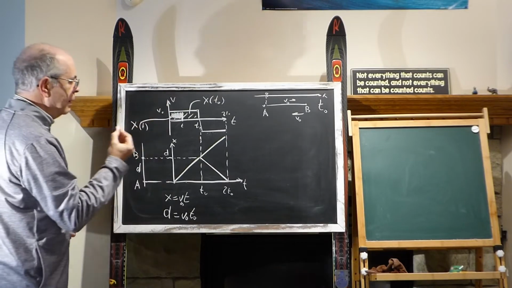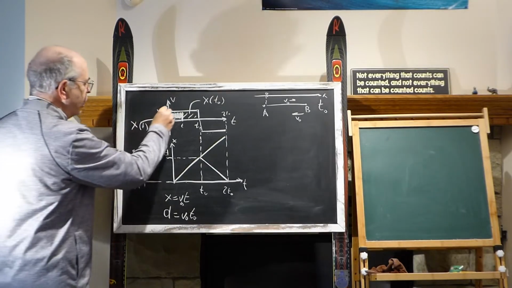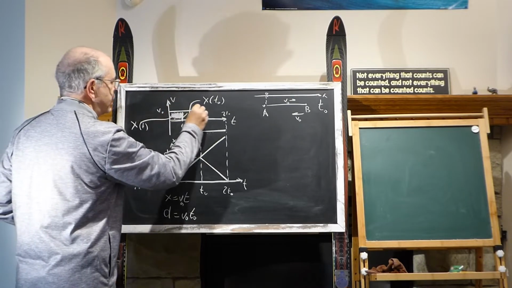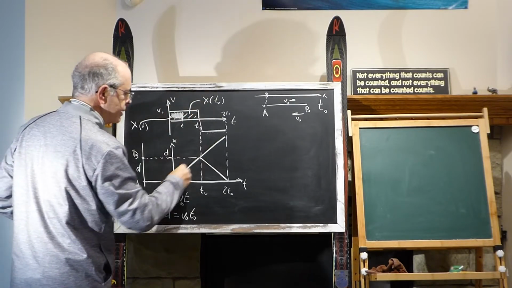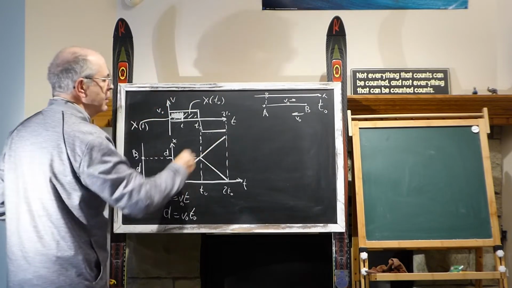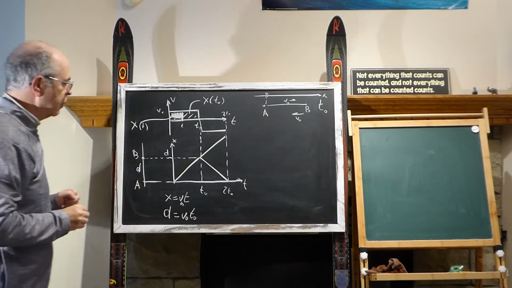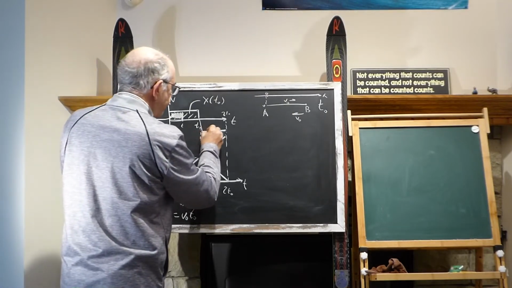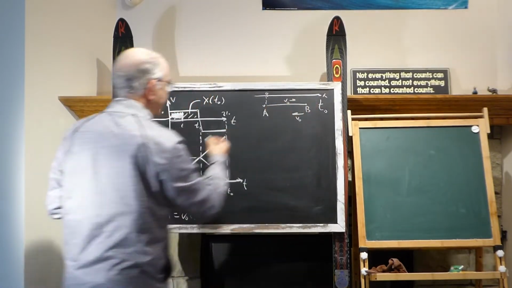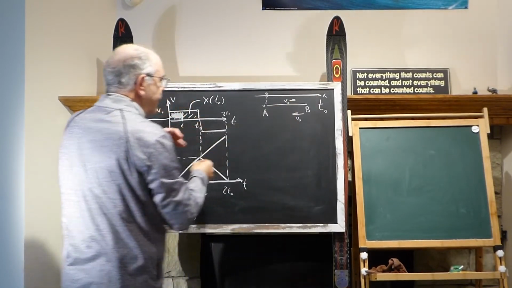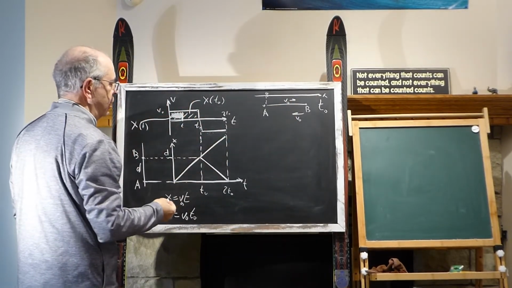So what does that mean? For the areas where v does not change direction, it stays always positive, for example, there is no difference between coordinate and distance. But the moment v becomes negative, right here, the coordinate becomes decreasing, but the distance is still increasing.